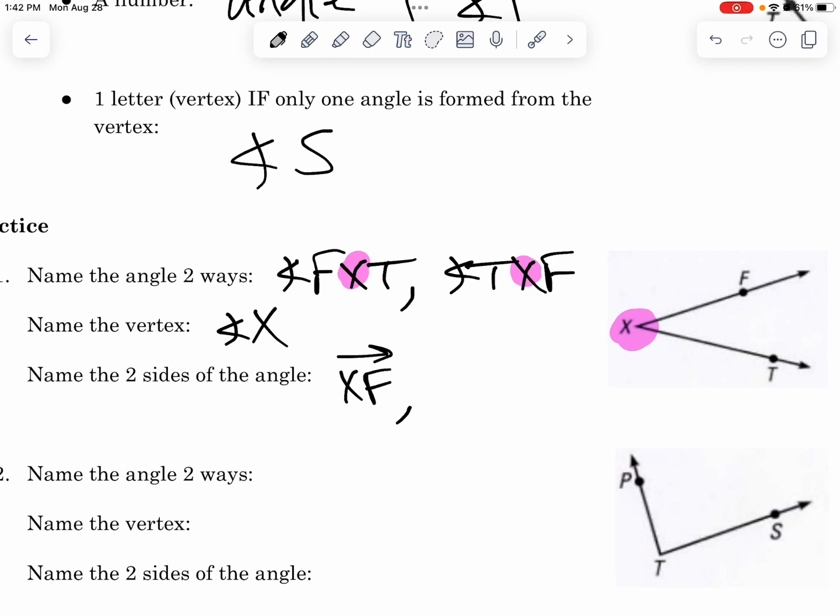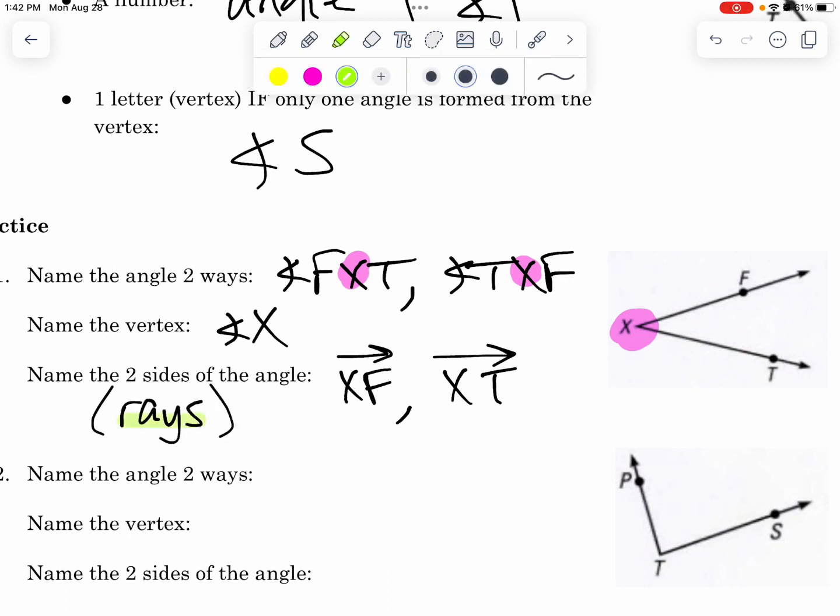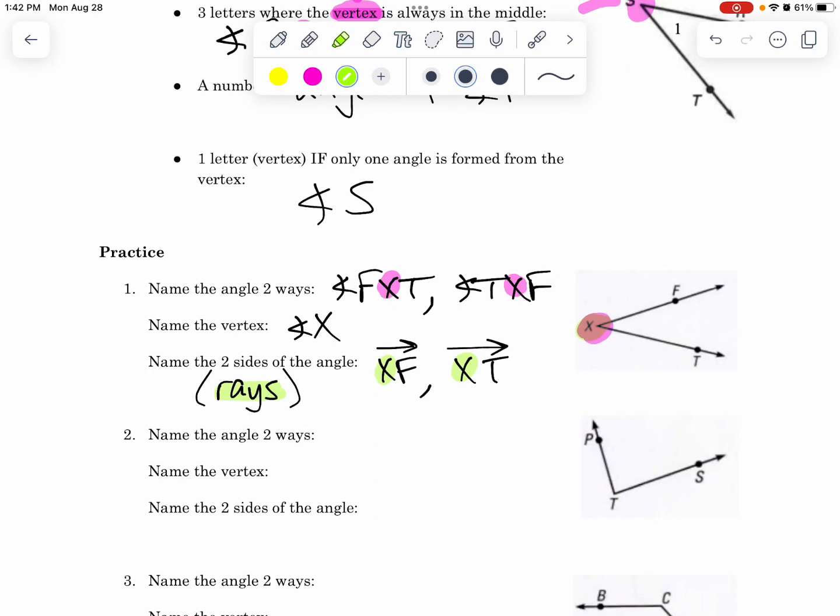The other ray starts at X and goes through T with an arrow. So XT. And remember, when you are talking about rays, the end point is really important, right? So if it's a ray, the end point is the X. That letter has to go first. I'll leave the other 2 for practice in class.